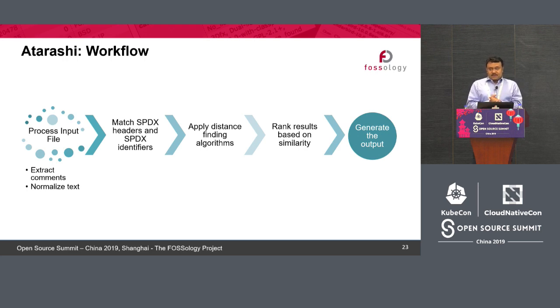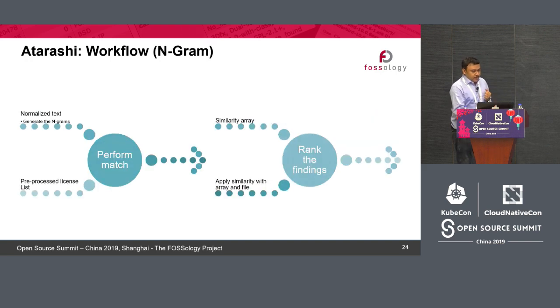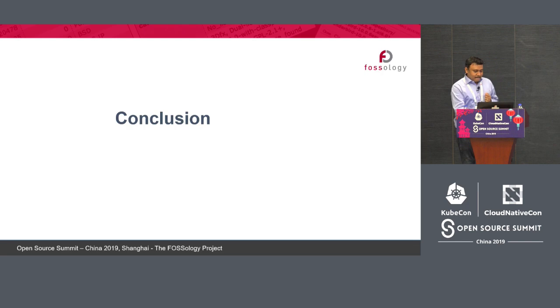Based on the similarity and the rank, we determine what kind of license a file may contain. This is an n-gram flow for Atarashi. When you have the normalized text, you perform a match, get the similarity array, apply the similarity array to the file, and rank the findings.